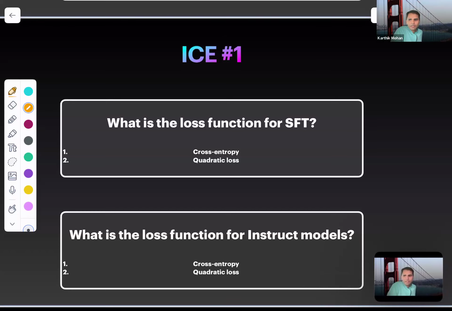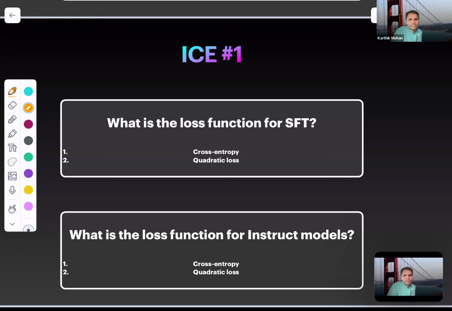Summarization might have a different loss function because it depends on how you summarize. But most of the tasks for SFT, even named entity recognition, you want to detect a specific set of entities, and so you're checking if that entity was detected or not as a class. That's a multi-class classification problem, and so you would use cross entropy loss function.